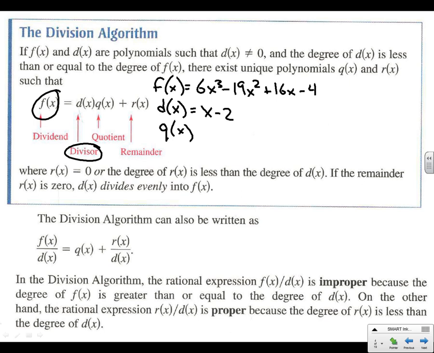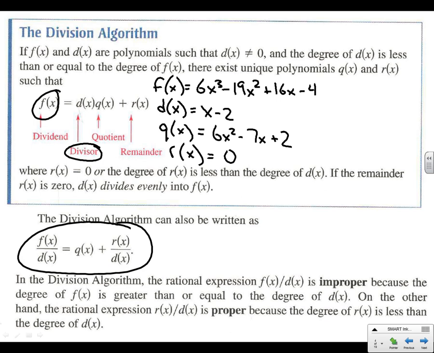What was the answer that we got? We got 6x squared minus 7x plus 2. And our remainder here, r of x, what was left over? Nothing. Nothing was left over at all. So just looking at this, these are the different pieces. You could rewrite it, but really the thing we're actually going to use is down here.